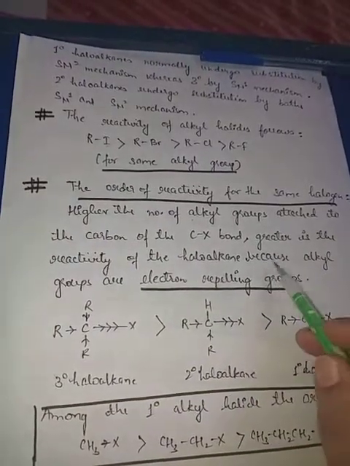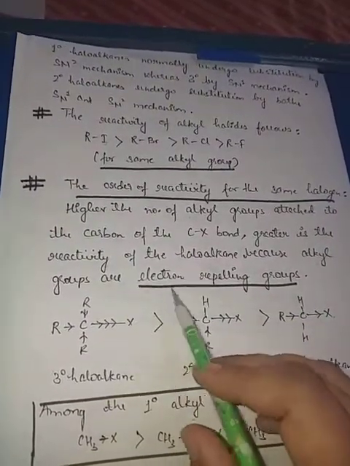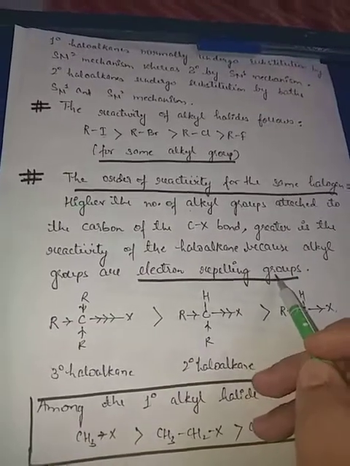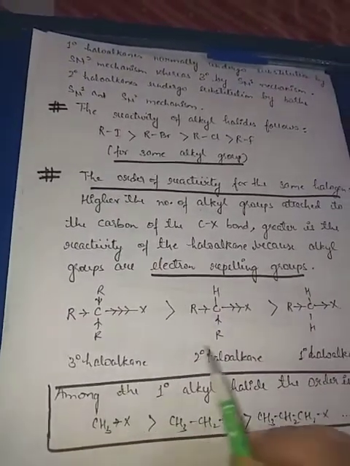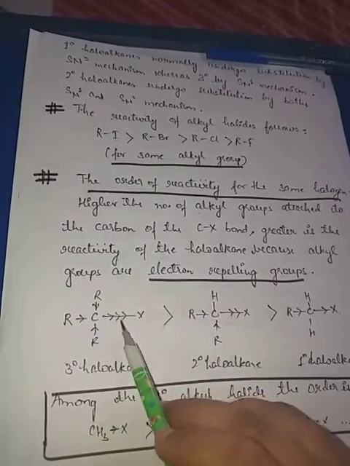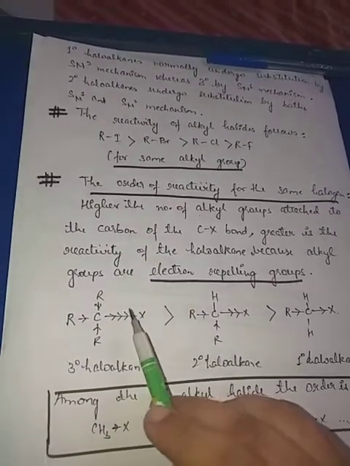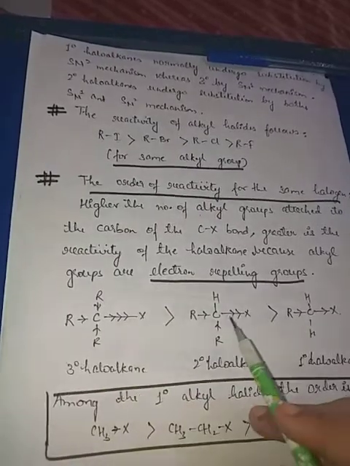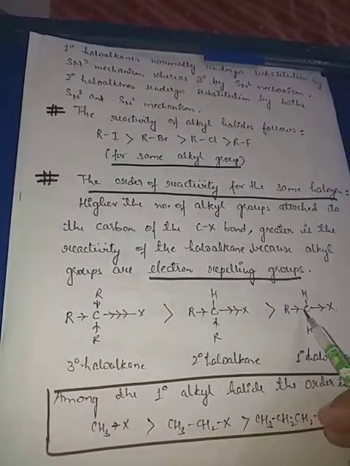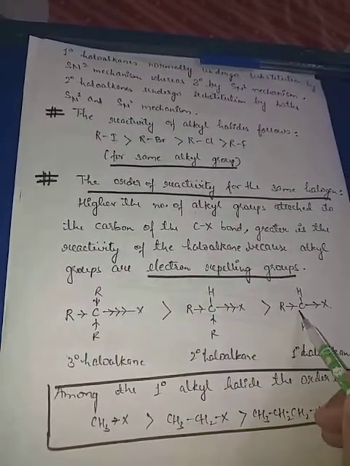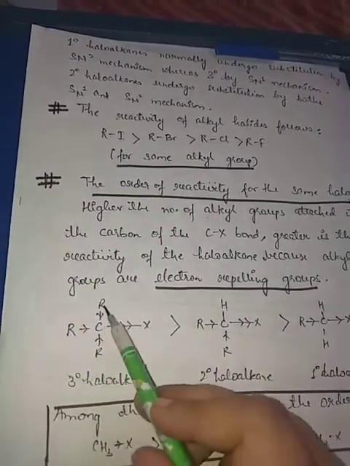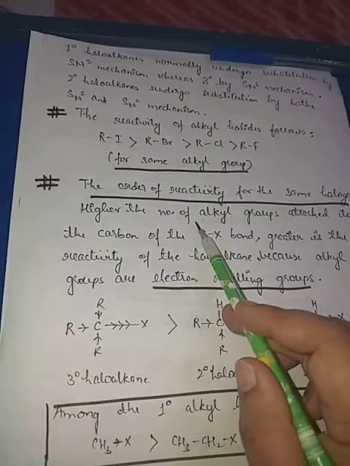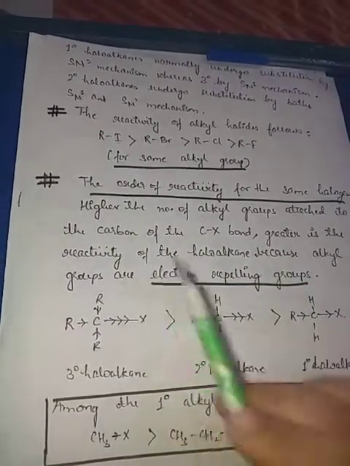It is because alkyl groups are electron-repelling groups. This is tertiary, secondary, and primary. Tertiary haloalkanes will be most reactive, then secondary, and then primary will be the least reactive. Here three alkyl groups are present, and the more alkyl groups, the greater the reactivity.